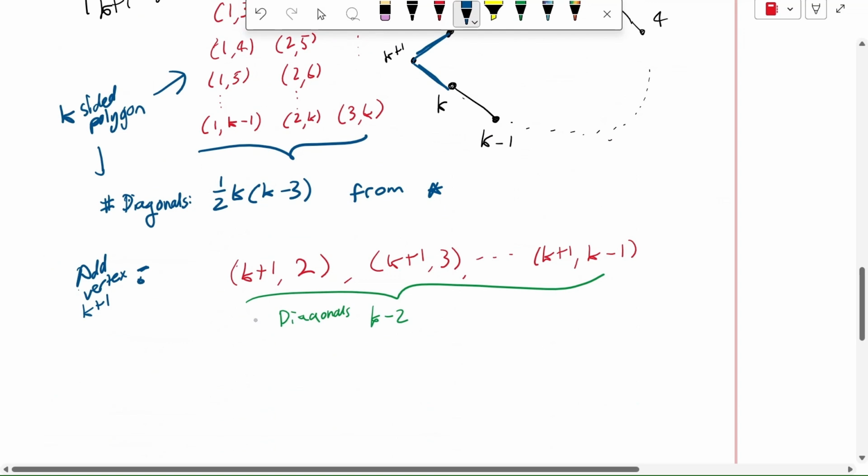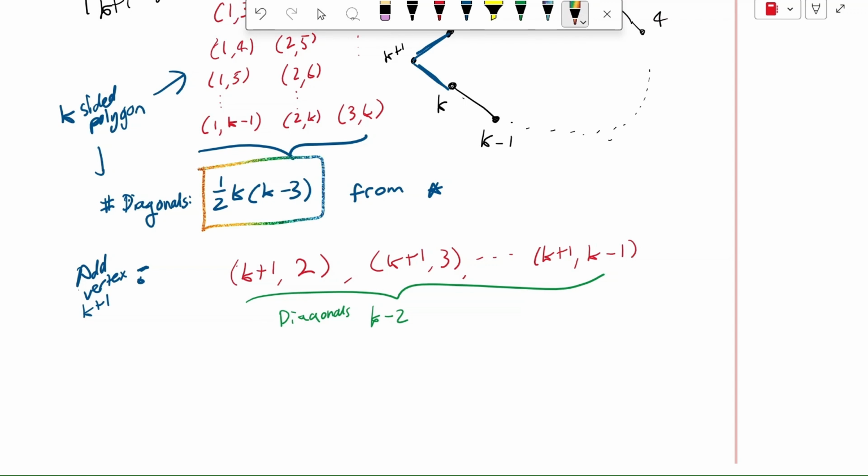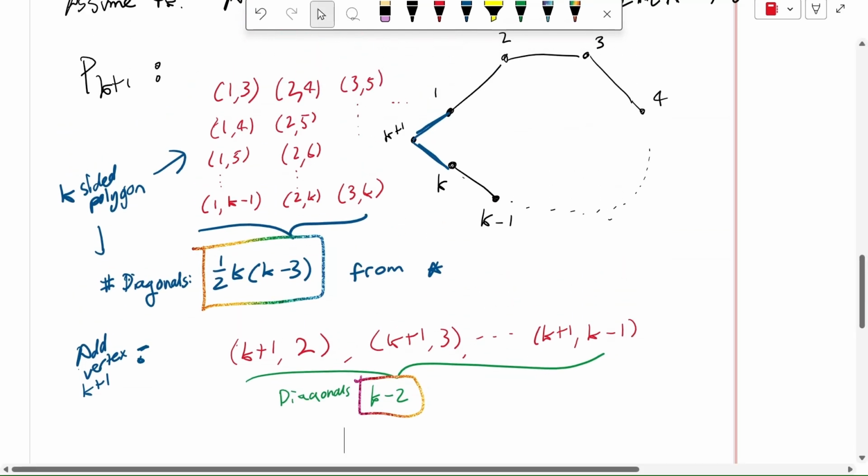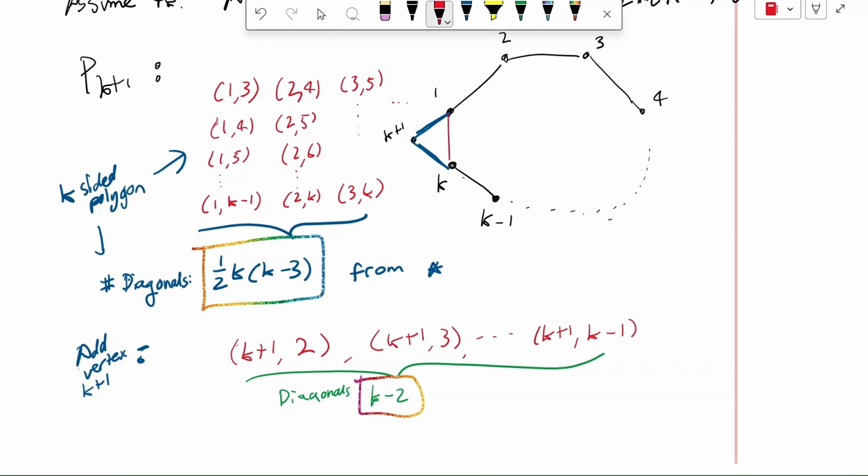Now, if you try to do your induction proof right now, just by adding those together, you'll actually find that it doesn't work algebraically. We are missing one more diagonal. I would highly encourage you to pause the video and try and figure out which diagonal we're missing. And now I'm just going to tell you, we're missing this diagonal here.